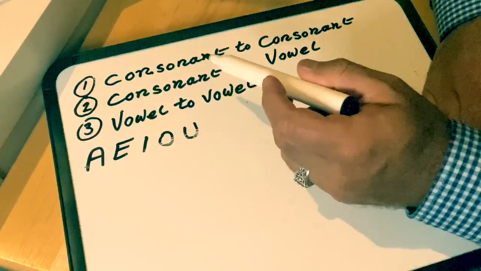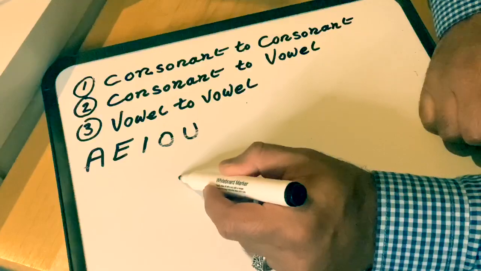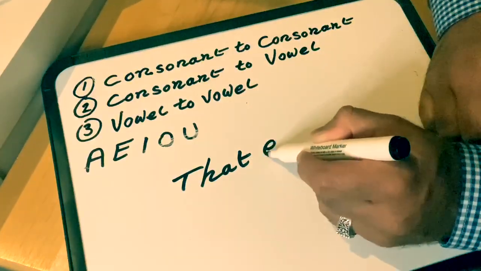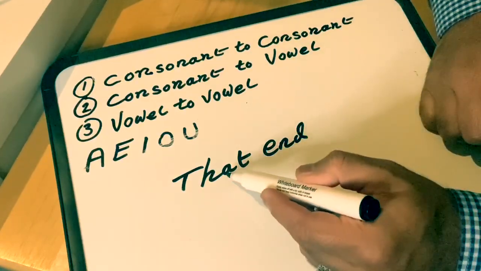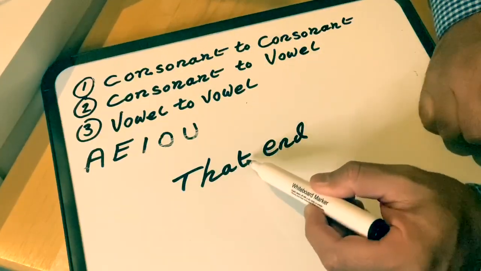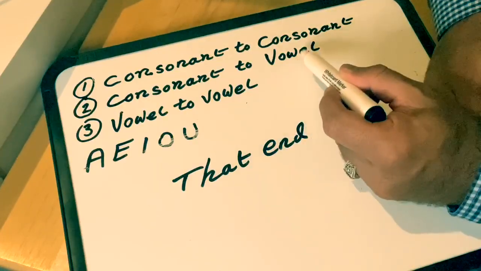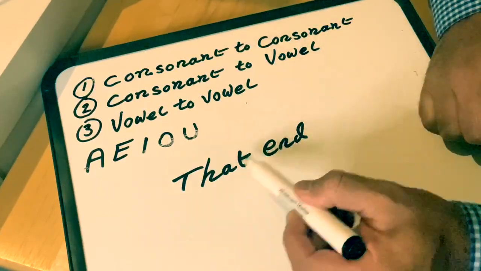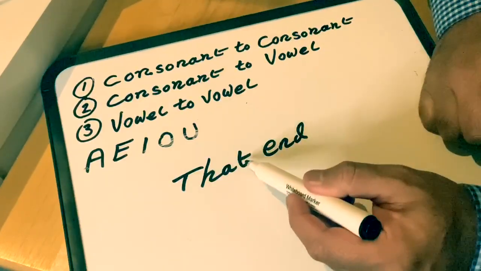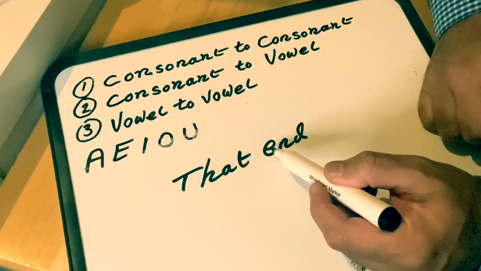Now the second one is consonant to vowel. So let's look at the examples. That end. Now consonant to vowel means the first word ends with a consonant and the second word starts with a vowel. So in those situations, the word ends with a consonant and the second word next to it starts with a vowel.